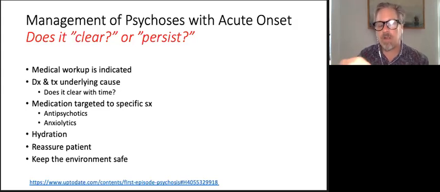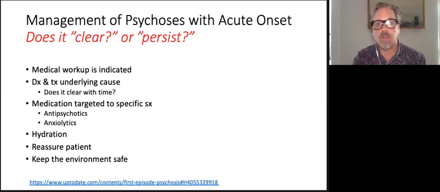And then we'll probably also use medications targeted to specific symptoms, such as anxiolytic medications for anxiety and antipsychotic medications for delusions and hallucinations. We want to make sure the patient is hydrated, well fed. We want to reassure them, because this can be very scary if somebody has never had psychotic symptoms before.